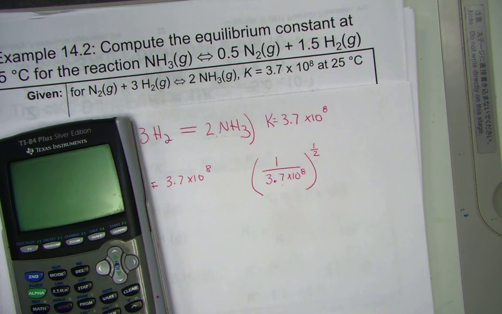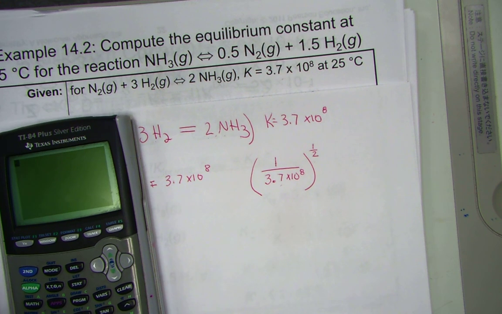And let's hit that on our calculator and see what we get. 1 divided by 3.7 e to the 8th power. Alrighty, take that and raise it to the 0.5 or 1/2, however you want to type that in.